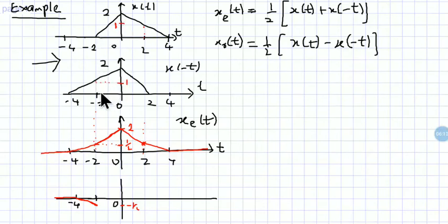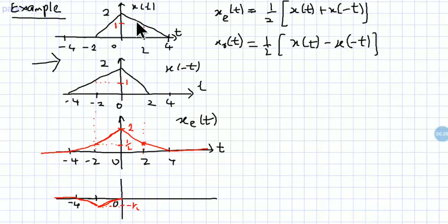At point -2, we already know that it's minus half. Now if we check at point 0, we have 2 minus 2, that's 0. So that point goes to 0.